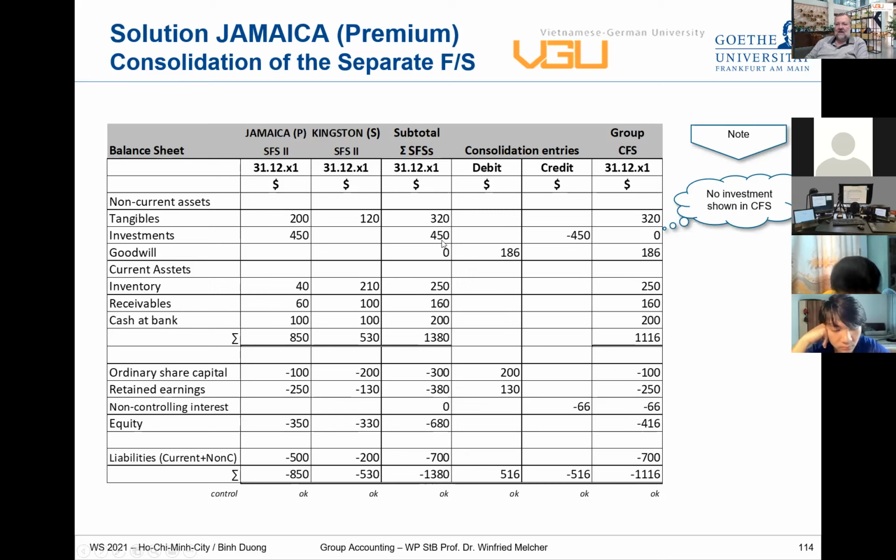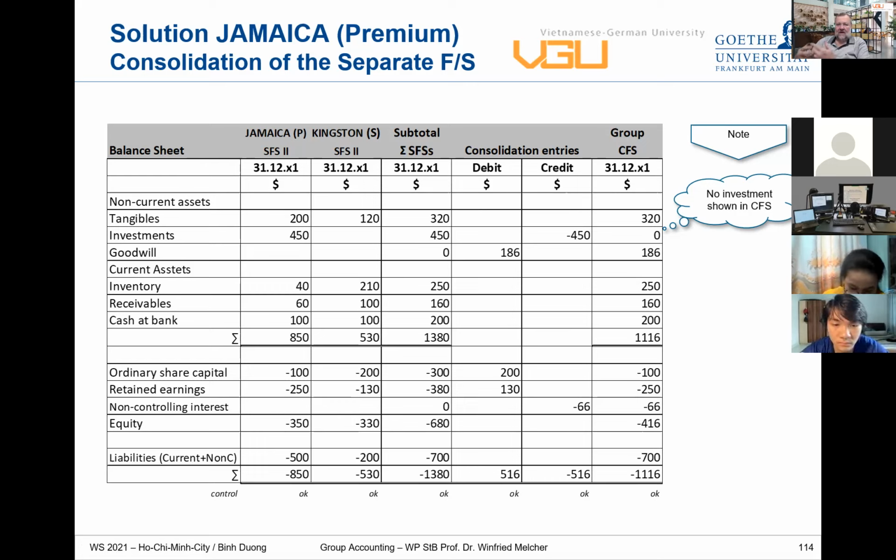And when we look at this subtotal now, we can see tangibles, that is okay, because you have 200 from the parent, 120 from Kingston, the subsidiary. So in total, that's 320. So that's fine. But when we look at investments, that does not feel right, because the group does not have an investment in Kingston, because Kingston is now included in the group.